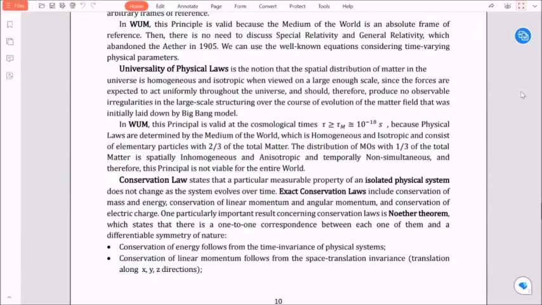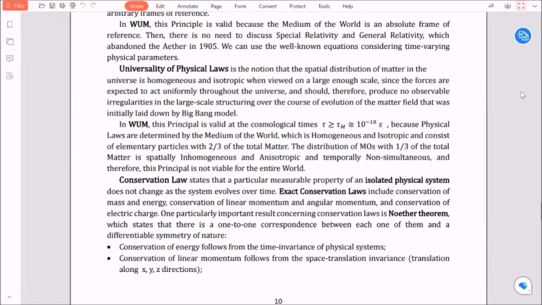Conservation law states that a particular measurable property of an isolated physical system does not change as the system evolves over time. Exact conservation laws include conservation of mass and energy, conservation of linear momentum and angular momentum, and conservation of electric charge.